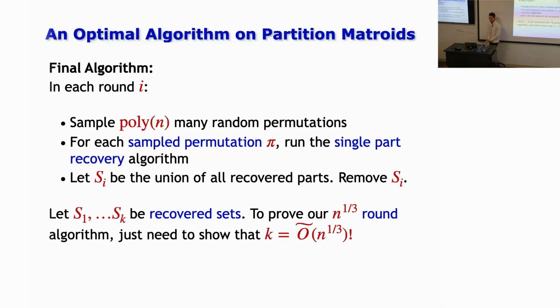If S1 through Sk are your recovered sets, you ran this iterative algorithm, and you're asking how many rounds does it run for? In order to prove an n to the 1/3 round upper bound on the algorithm, all you have to show is that the number of rounds is bounded by n to the 1/3. I'm going to say that k is the number of rounds. I'm just going to show that the algorithm terminates within n to the 1/3 many rounds.